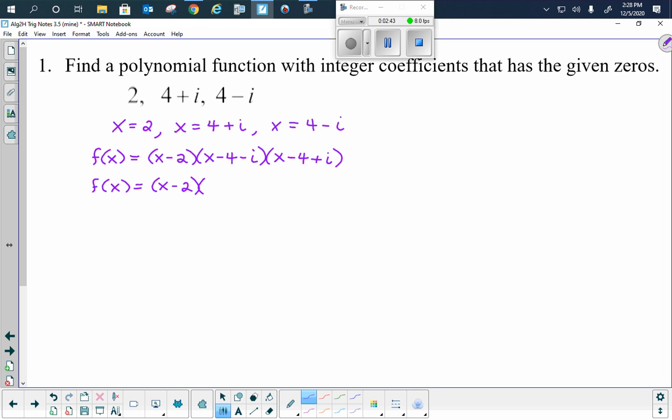Remember, when you're doing 3 terms by 3 terms, you just need to be systematic. Like for instance, I'll erase these in a minute, but maybe distribute this x to all 3 of them first, and then distribute the negative 4 to all 3 of them, and then distribute the negative i to all 3 of them. So you ultimately should end up with 9 terms.